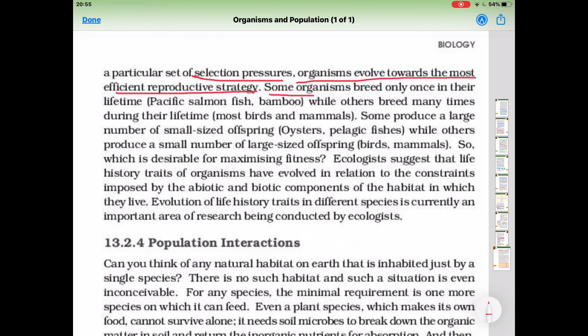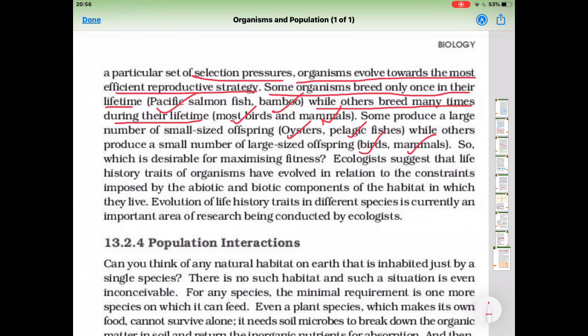Some organisms breed only once in their lifetime, like salmon fish or bamboo, while others breed many times during their lifetime, for example birds and mammals. Some produce a large number of small-sized offspring, for example oyster and pelagic fishes, while others produce a small number of large-sized offspring, like birds and mammals.